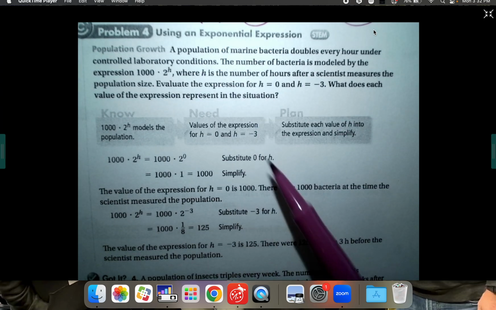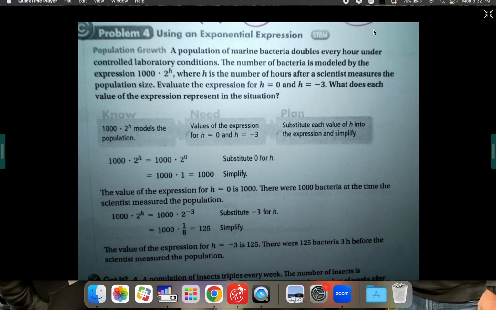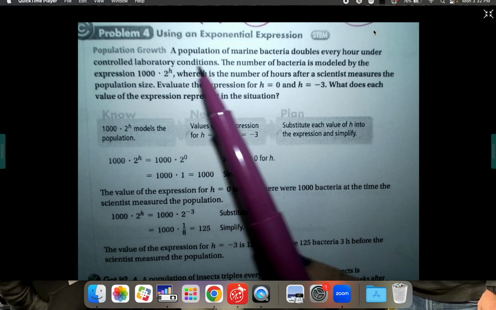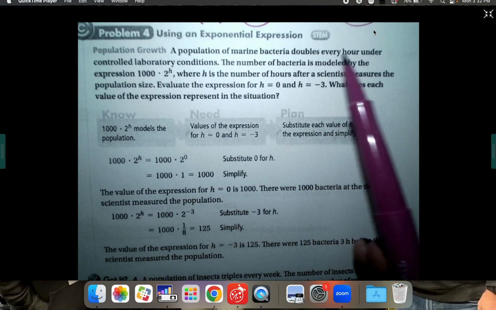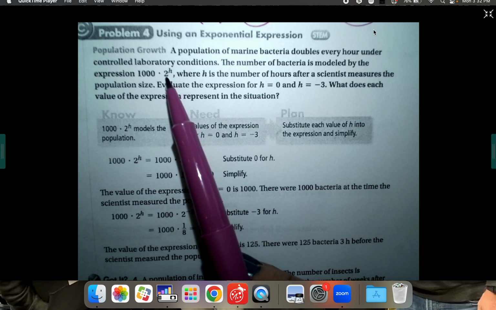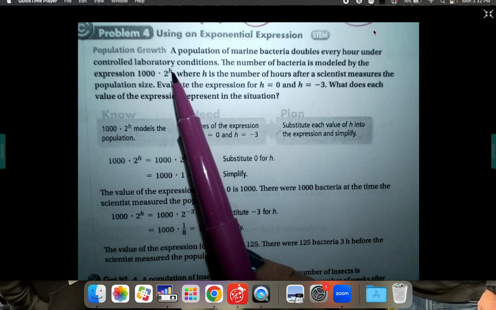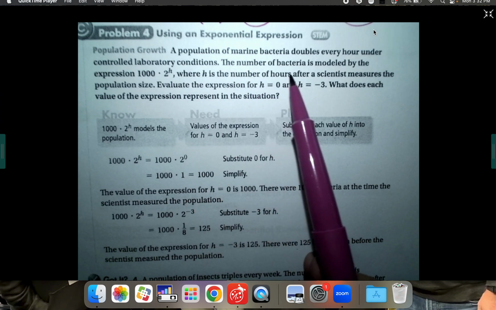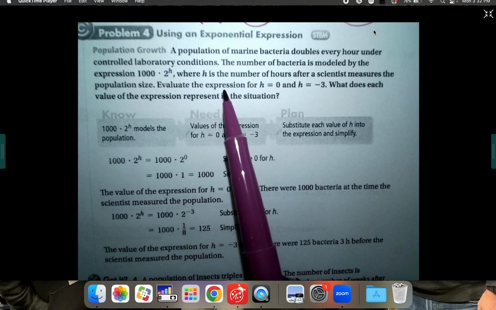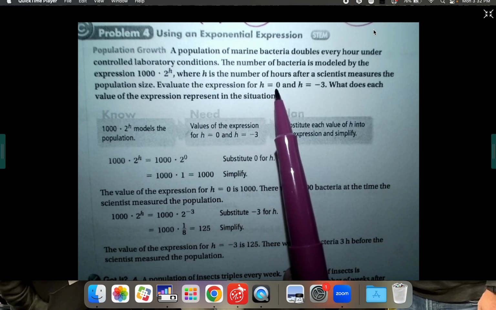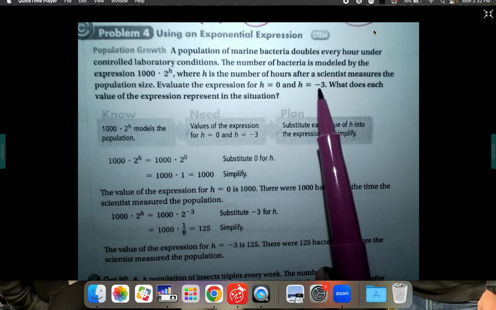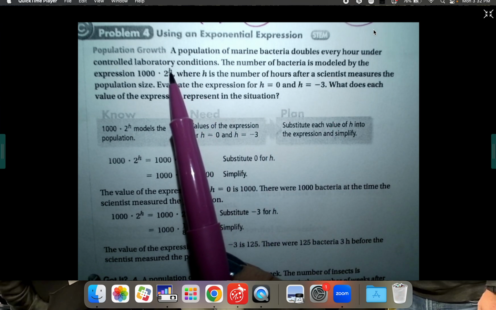This is actually all worked out for you, but I want to just kind of explain what they did really quickly. A population of marine bacteria doubles every hour, which is why it's 2 to the power of H. H represents the number of hours. So it wants you to evaluate the expression at 0 hours and at -3 hours. Anytime you have it to the 0 power, that's just going to be 1.